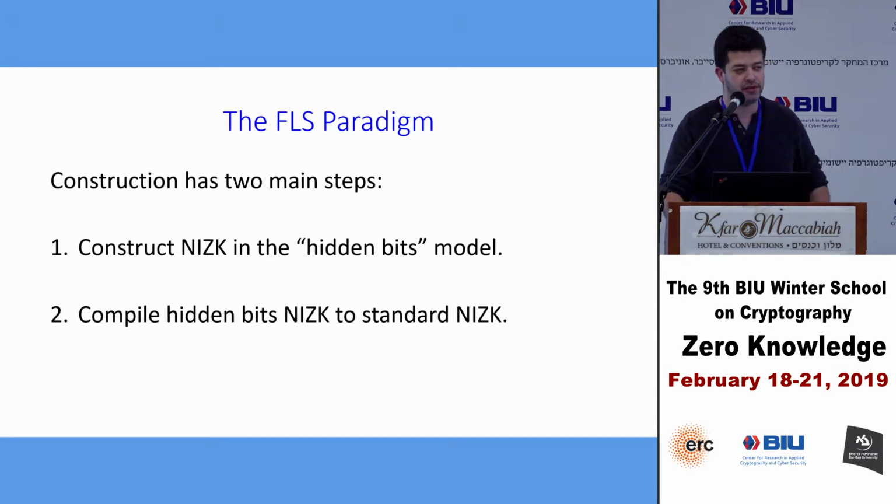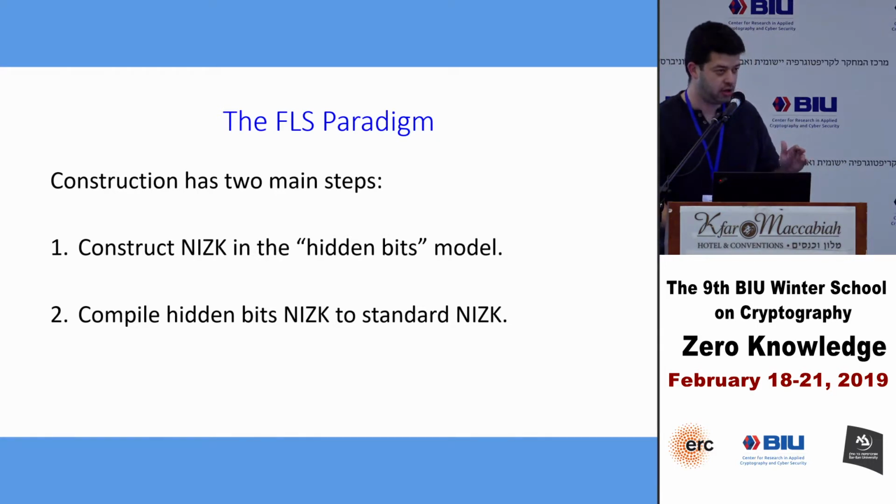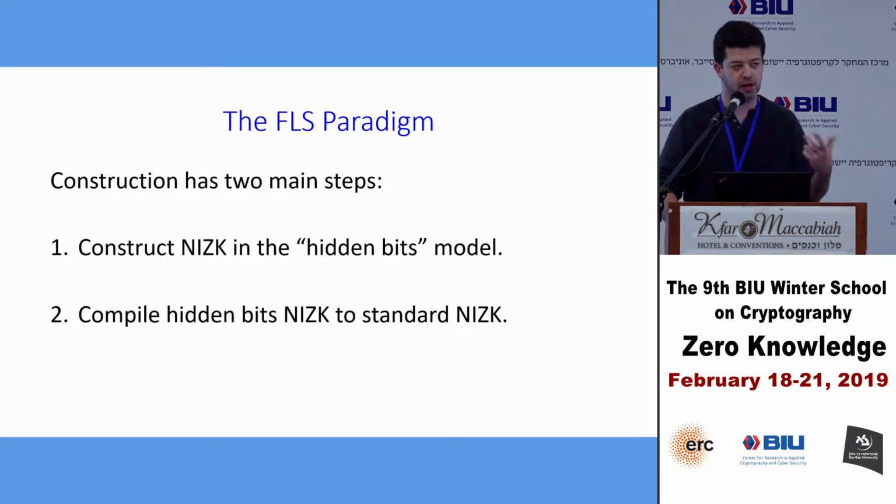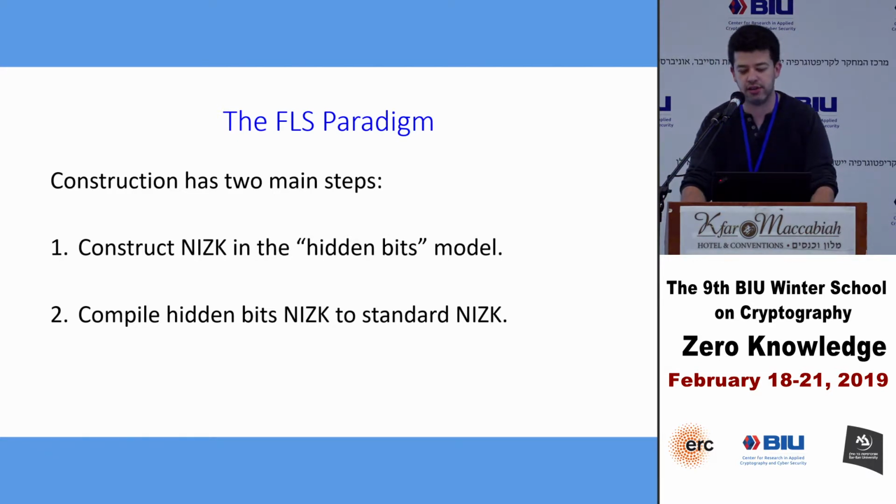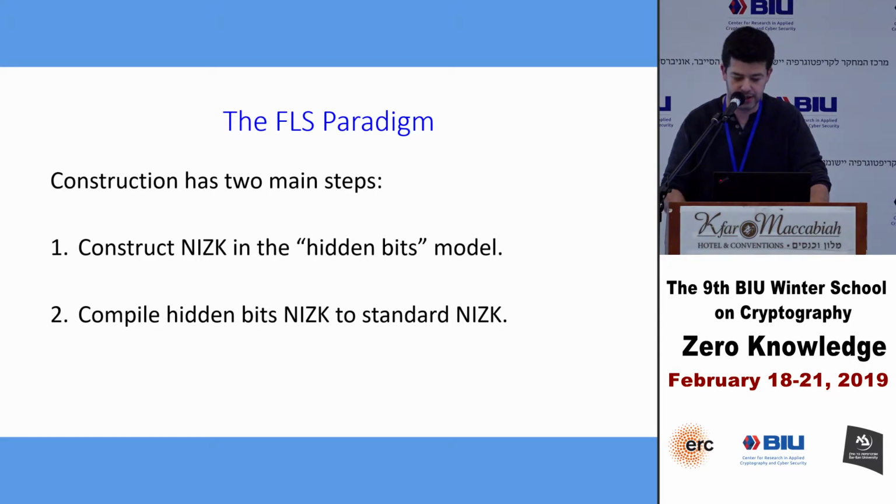That step is entirely information theoretic, no assumptions, it just exists, such an NIZK. The second step is a compiler that takes any proof system in the hidden bits model, in particular the one that we constructed in the first step, and transforms it into an NIZK in the standard model, meaning the CRS or common reference string model, even in the common random string model.